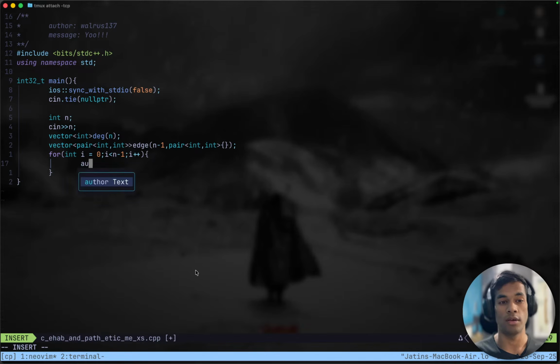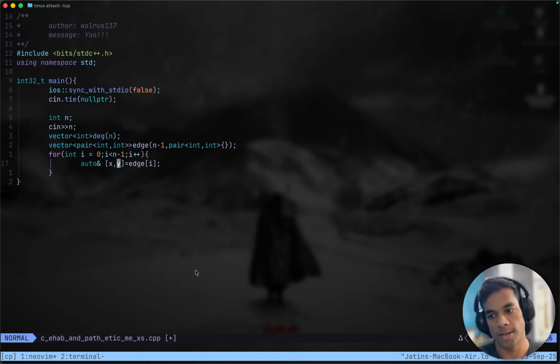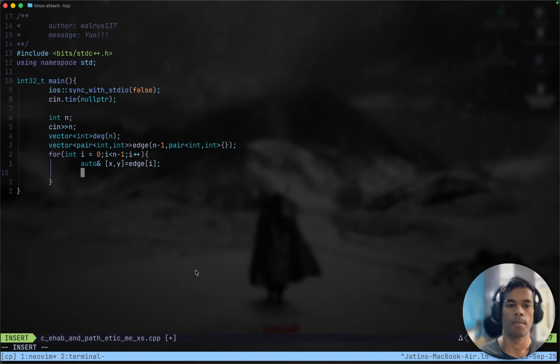We can also say auto reference edge I, auto reference x comma y equal edge I. Now we can refer to the first element of edge I by x and the second element of edge I using y, and that is kind of nice.